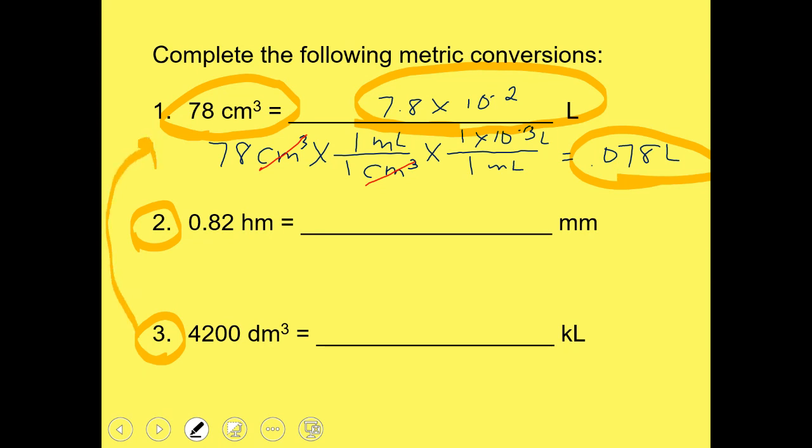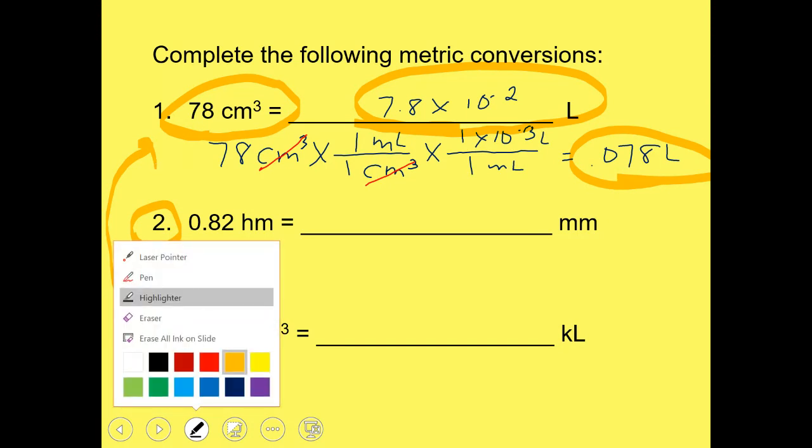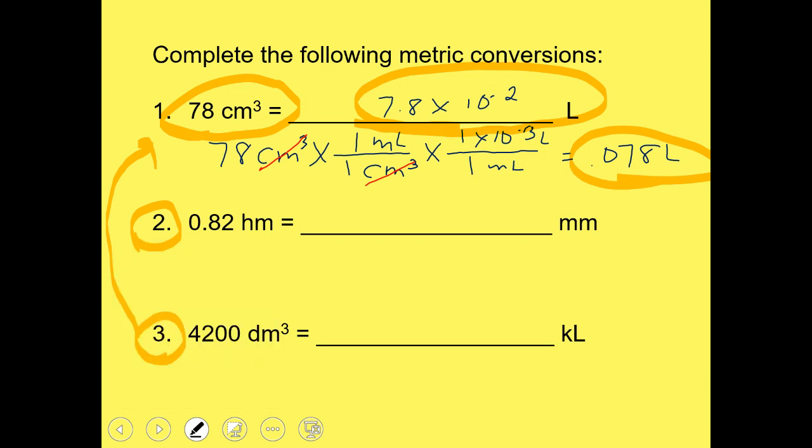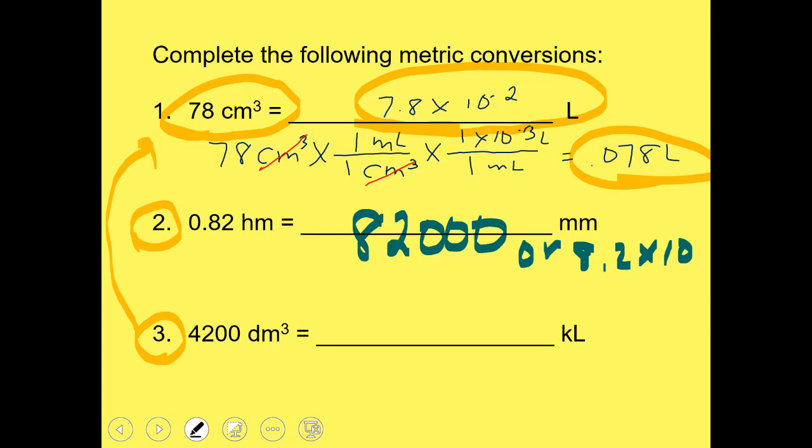You can look back at this for a model as to how to do that. Remember that decimeters cubed are the same as a liter, and then you can go from liters to kiloliters. In the end, the answers that you should get: this one is 82,000, or 8.2 times 10 to the 4th. And the bottom one is 4.2.